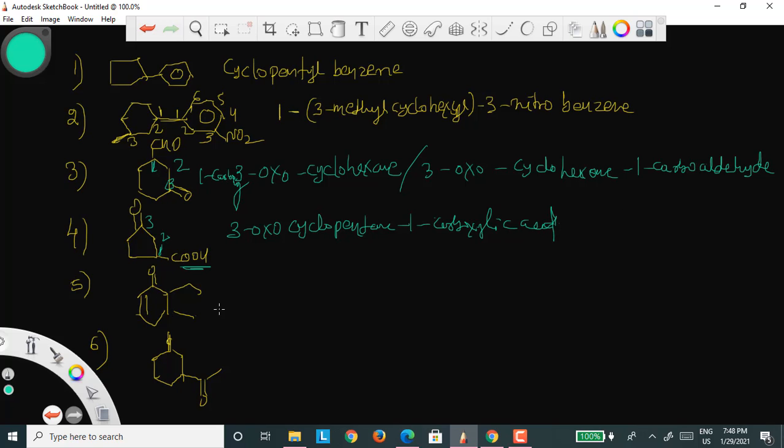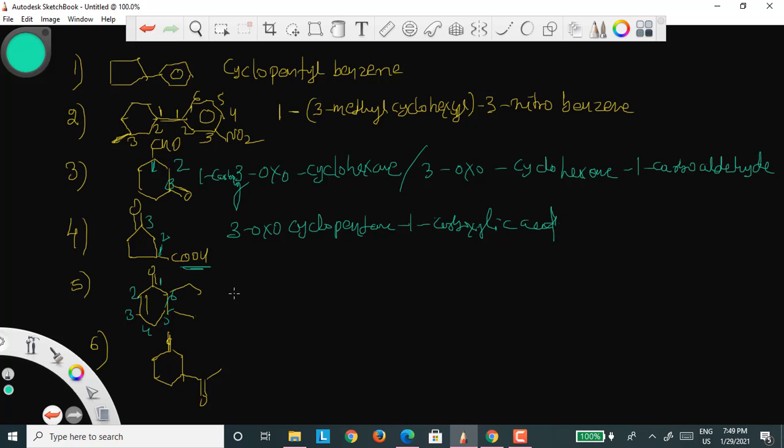Okay, this one, what name can we give? Can you tell? The functional group ketone should be 1, 2. But here alkene has more priority than alkane. So 1, 2, 3, 4, 5, 6. So ethyl, methyl, ethyl has more priority.